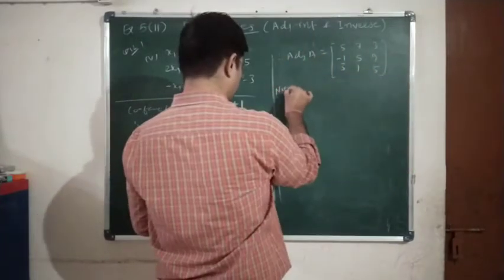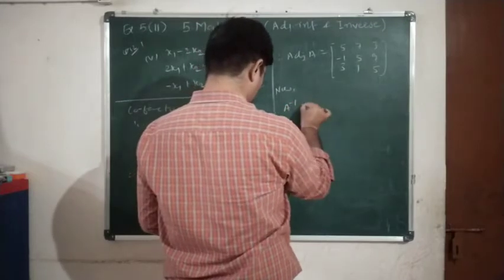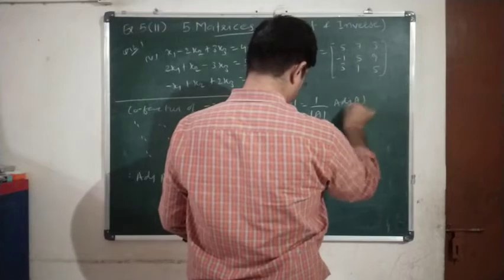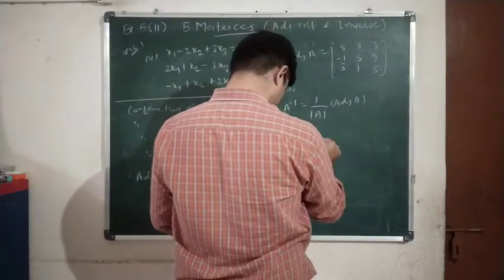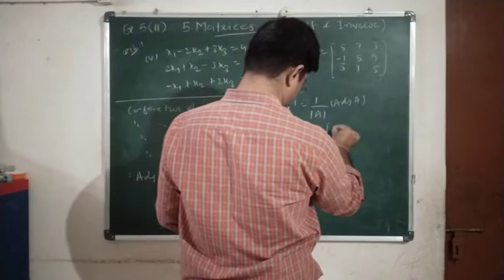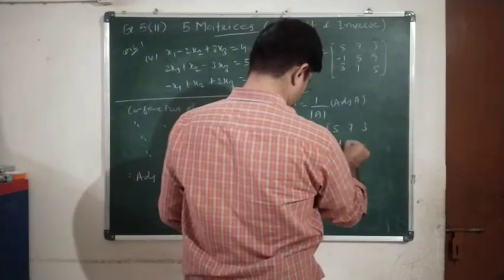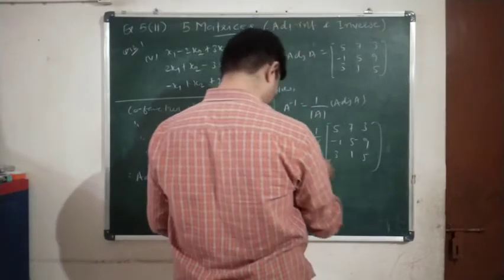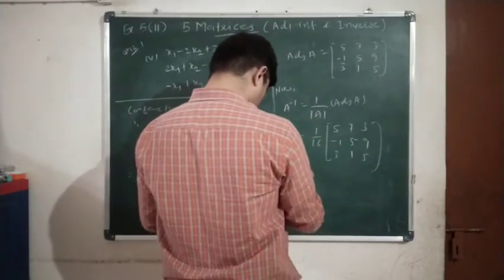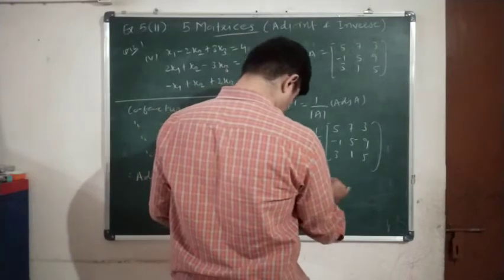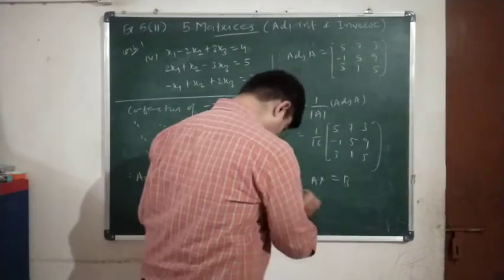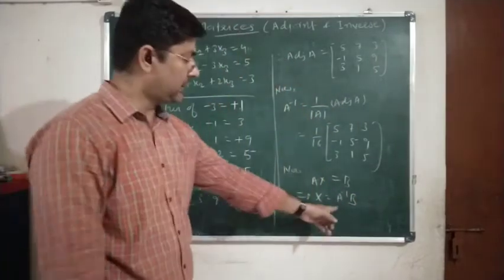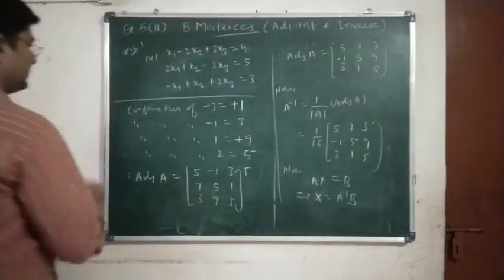Now A inverse is 1 upon determinant of A into adjoint of A, which is 1 by 16 into the matrix with minus 1, 5, 9, 3, 1, 5. Now we have AX equals B, which implies X equals A inverse B. So now we'll take the product of A inverse and B.